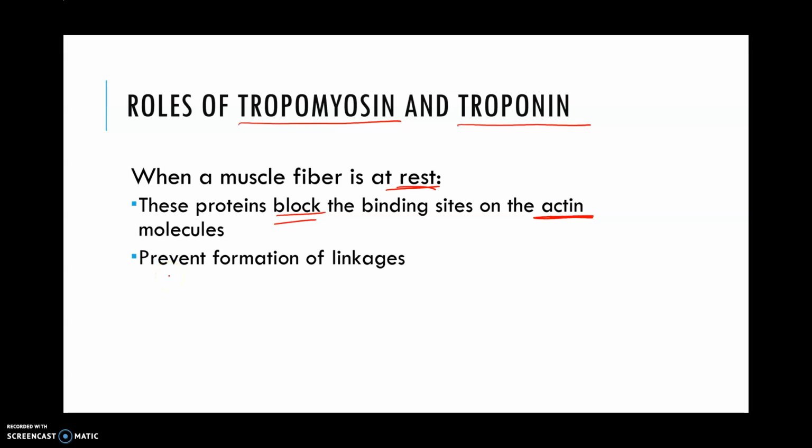This is going to prevent any linkages from being formed or any connections being made between our actin and our myosin here. So when these are blocked, we'll see our actin proteins. We'll have that filament.